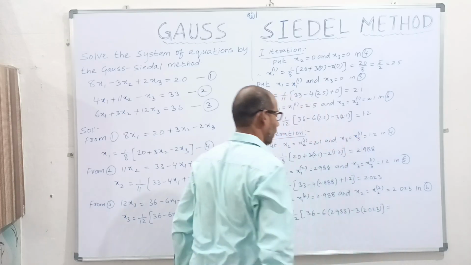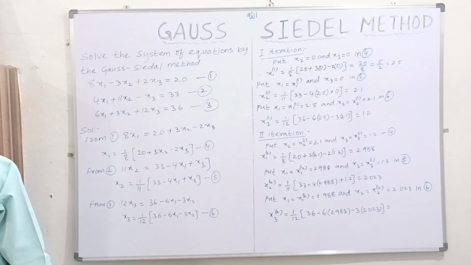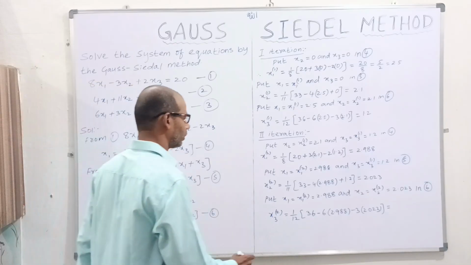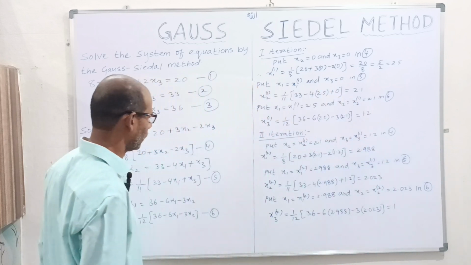On simplifying, we will get the value of x3 from the second iteration as 1, right?